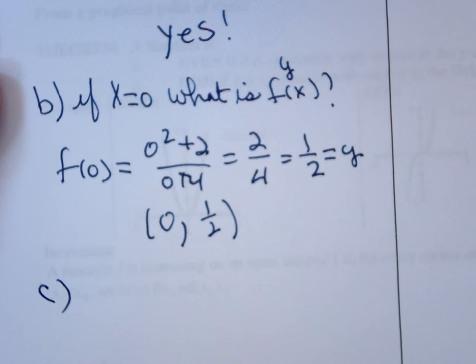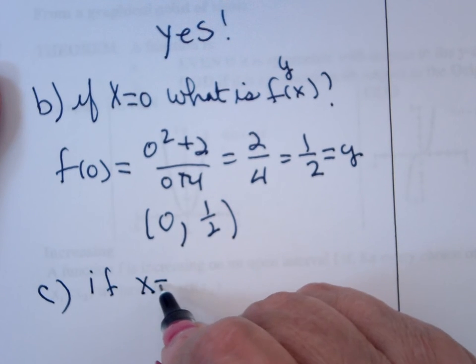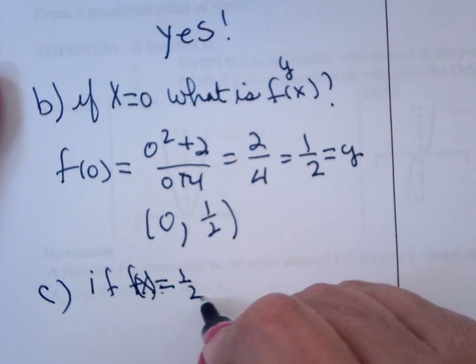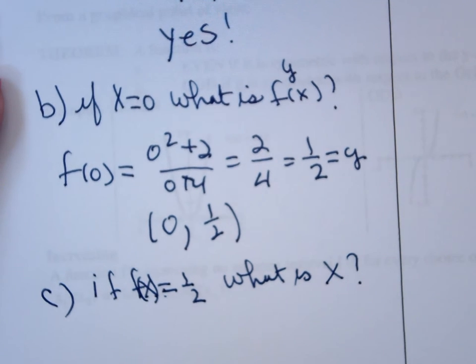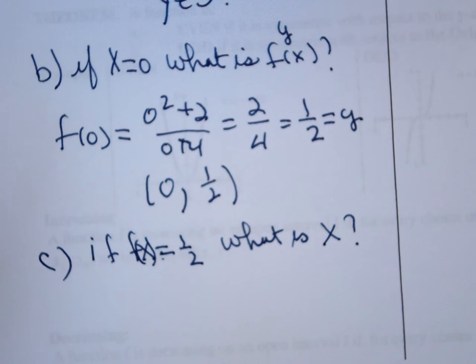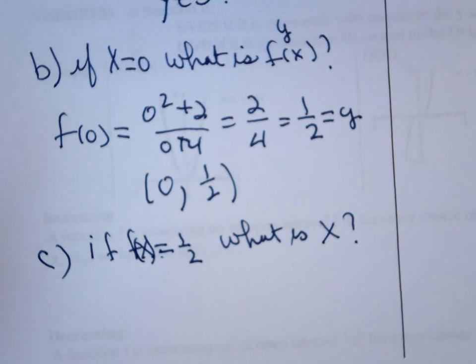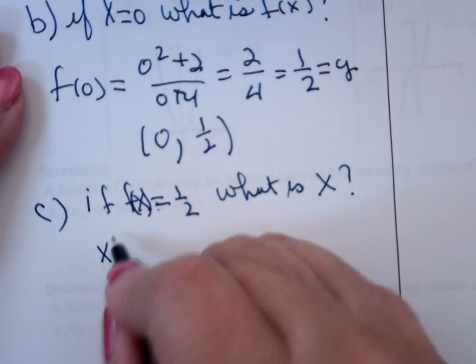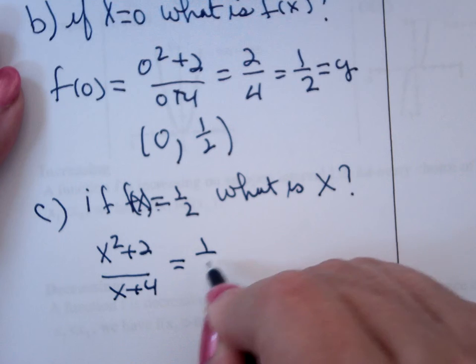C, if f of x equals 1/2, what is x? Well, let's see. x squared plus 2 over x plus 4 equals 1 over 2.